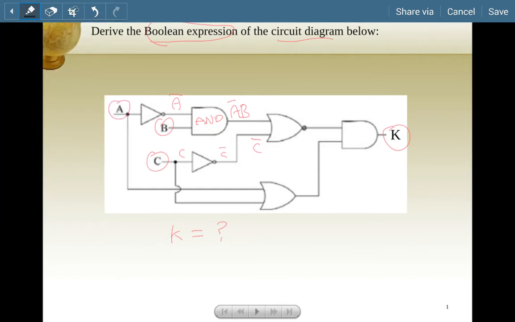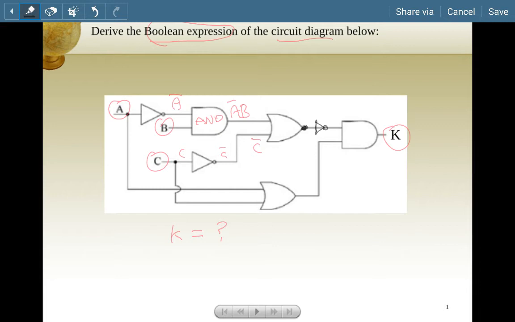Take away the bubble here, and instead of drawing a bubble, you draw an inverter. That's the meaning of a bubble in front of a gate. Every time you see a bubble in front of a gate, if you are not comfortable with it, by all means do yourself a favor, erase the bubble and draw an inverter in front of it. Then it makes it much easier for you to go through that transformation process.